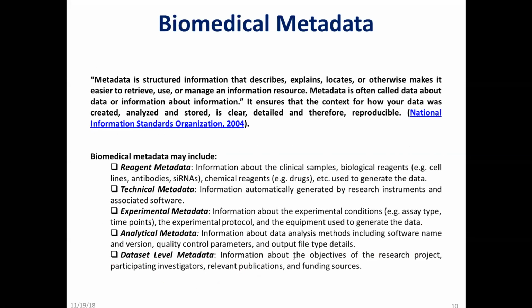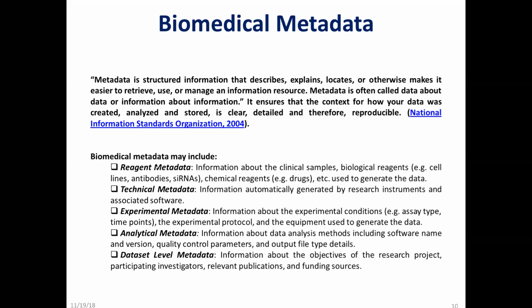So we come to biomedical metadata. As we mentioned, metadata is structured information that describes, explains, locates, or otherwise makes it easier to retrieve or manage any information. It's often called data about data or information about information. In biomedical metadata, examples of metadata that you keep track of are the reagent, the clinical sample, the biological reagent, and the cell line for people who are working with cell lines.